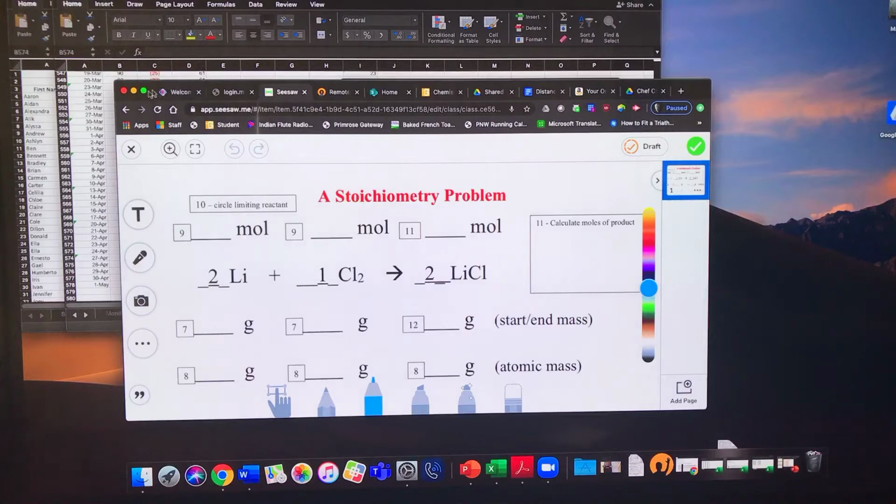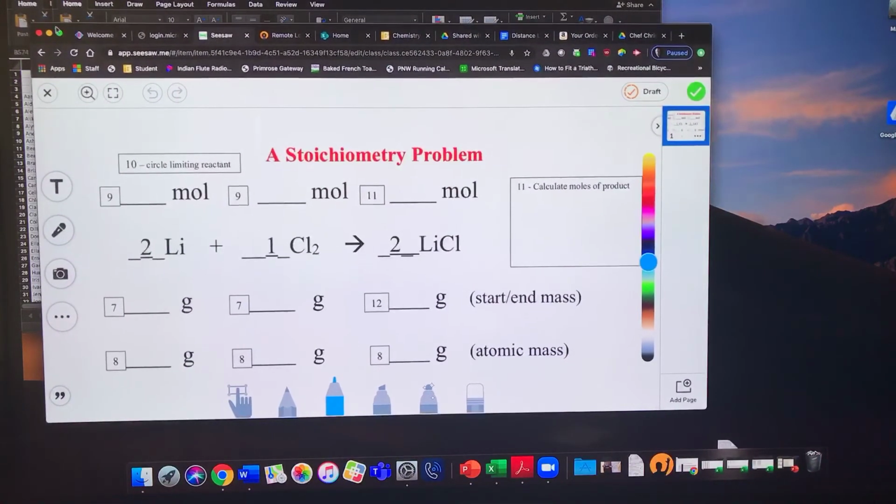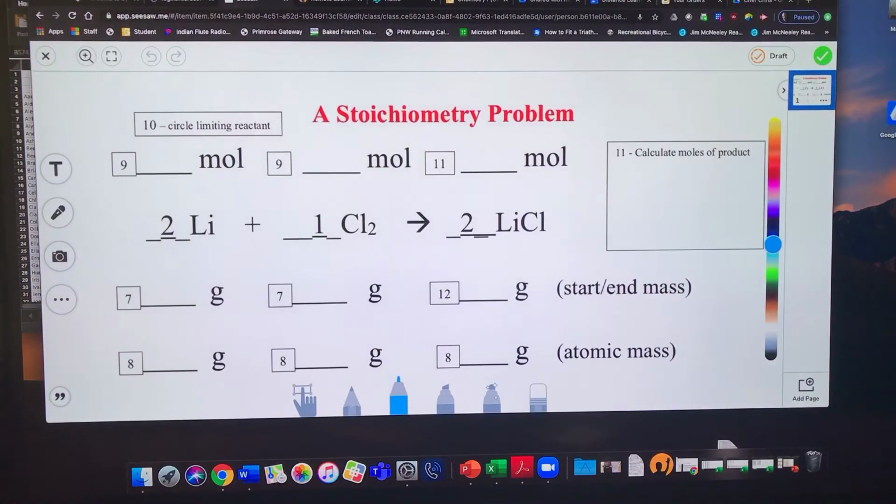I'm going to make this just a little bit bigger so that you can see it a little bit easier. Okay. All right. Boy, this looks like a big mess. It's not so bad though. Let's just talk about it a little bit first. All right.